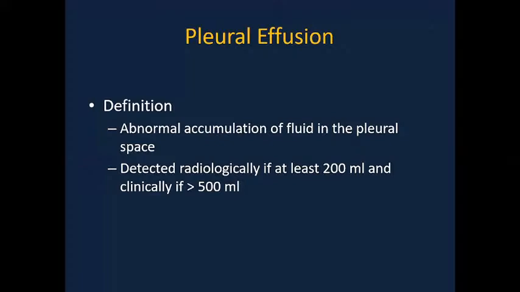It's detected radiologically when you have at least 200 ml of fluid, and clinically, by clinical examination, it's more than 500 ml. So really, by the time you are identifying a pleural effusion by clinical means, that's a substantial amount of fluid, 500 ml, and by radiology, 200 ml.